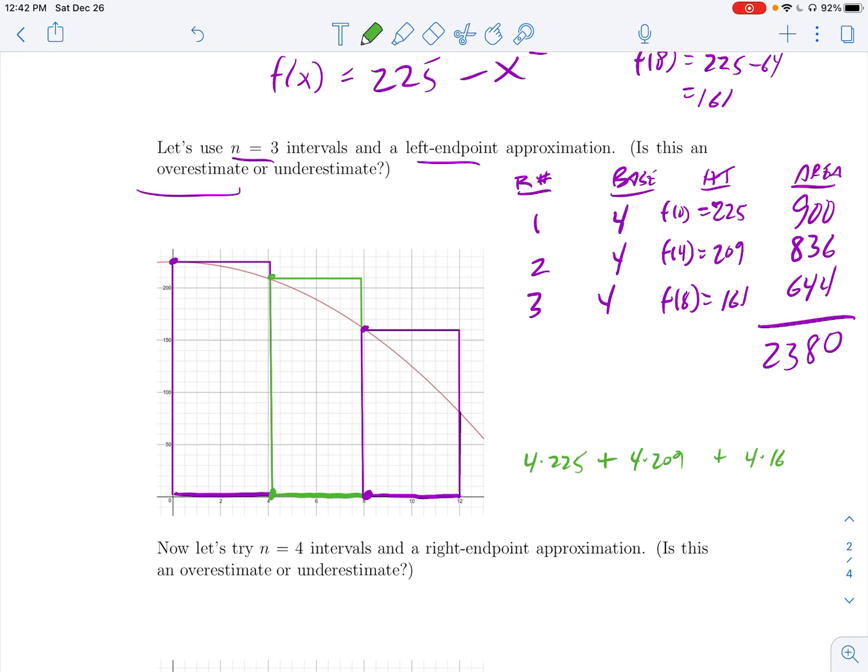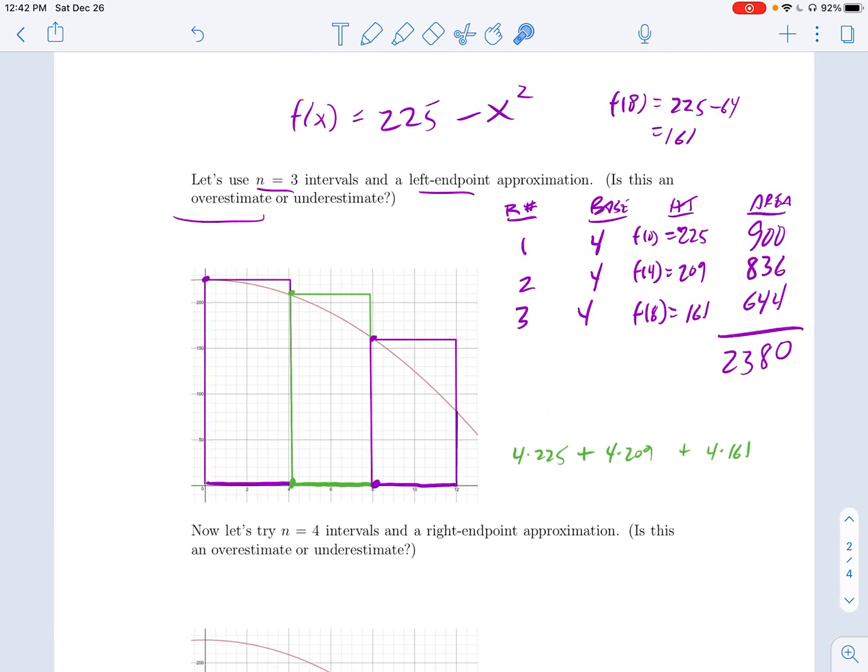And in fact, that's kind of superior because showing your answer this way makes it very clear what you did. If you just mysteriously write 2380, it's not clear. Just leaving this, it's super obvious, base times height plus base times height plus base times height, and you don't have to worry about the arithmetic.